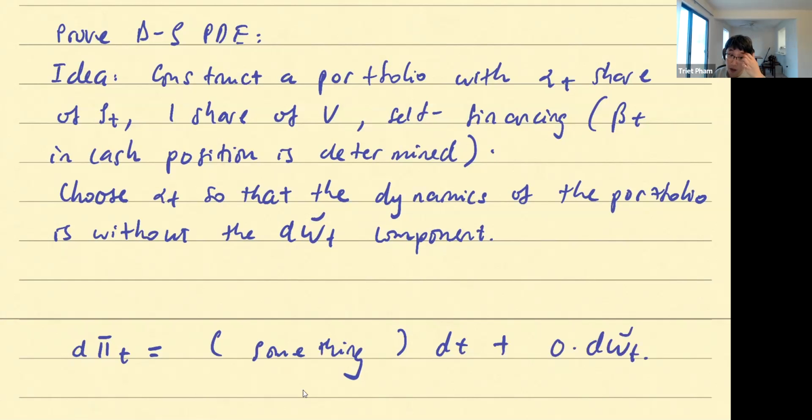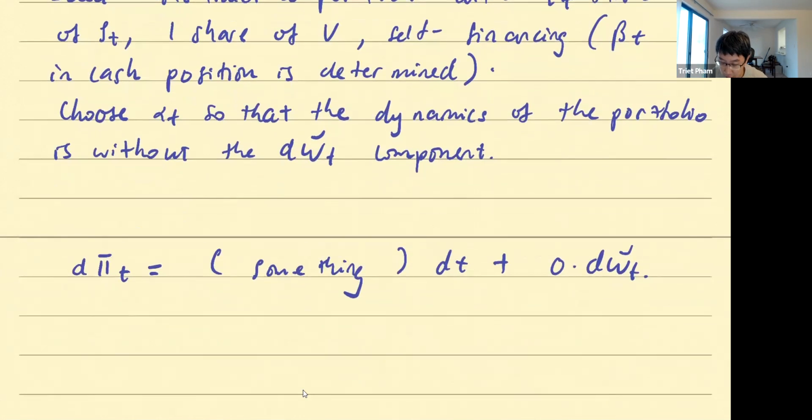And so the point that we want to make is this: since there's no dW_t component, what is the return on this portfolio?